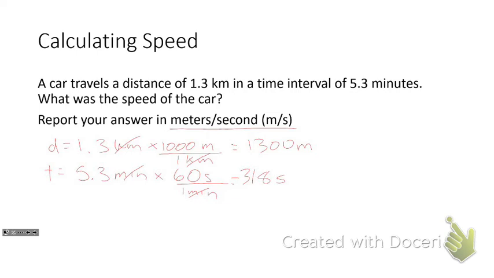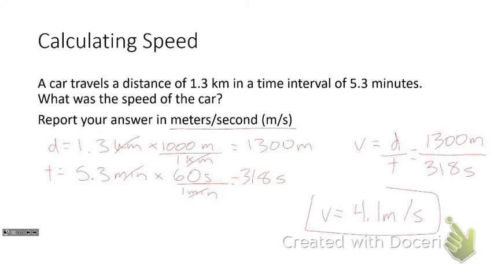Okay, so now to find the speed, we're just going to divide. So speed is equal to distance over time, which is equal to 1,300 meters divided by 318 seconds. And our speed equals 4.1 meters per second. And that's already rounded.